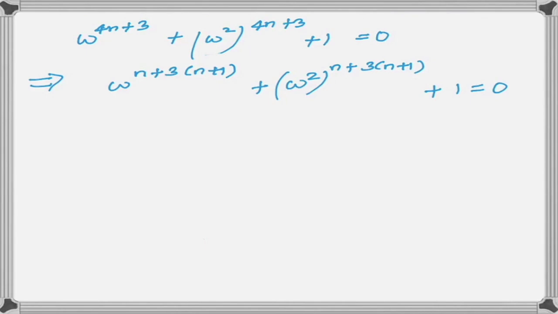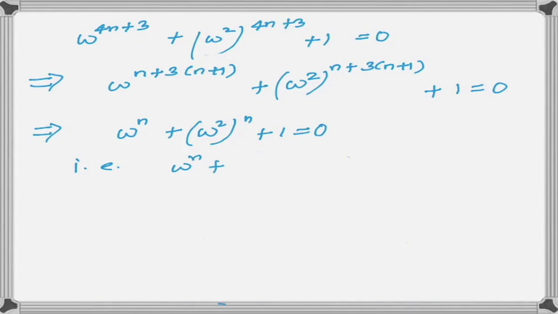Since omega to the power 3k is equal to 1 for every integer k, we get that omega to the power n plus omega square to the power n plus 1 is equal to 0. That is, omega to the power n plus omega to the power 2n plus 1 equals 0.